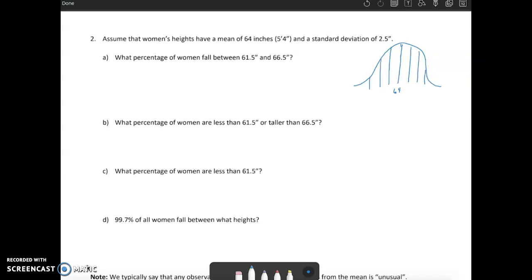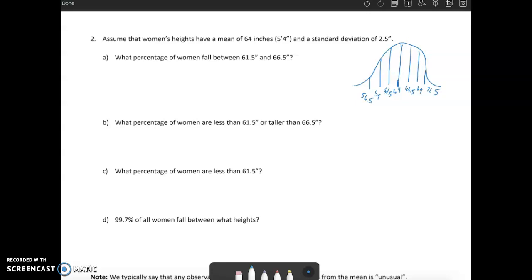If I go up by 2.5 increments, my next one would be at 66.5, and then 69, and then 71.5. Again, this is the mean. And if I go down by 2.5 increments, I get 61.5, 59, and 56.5.